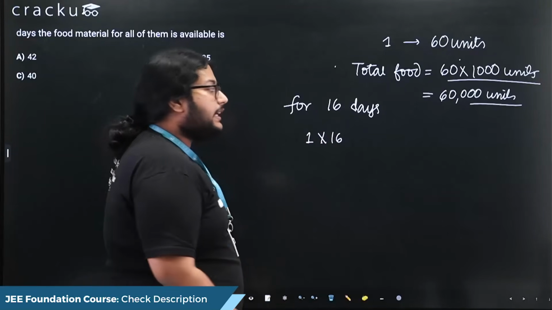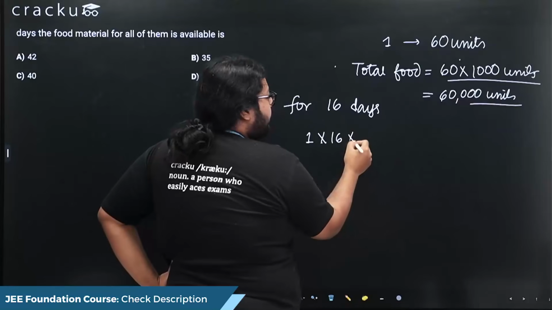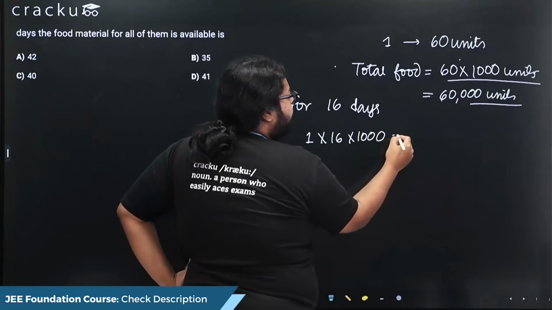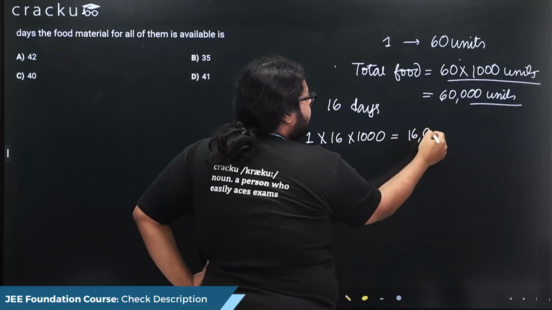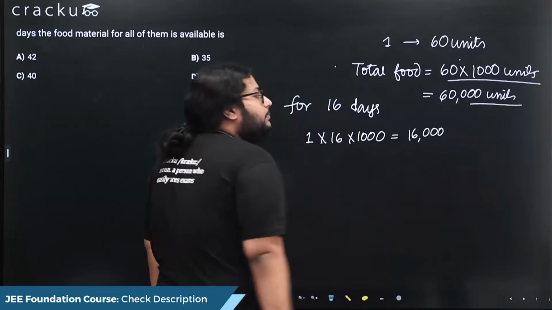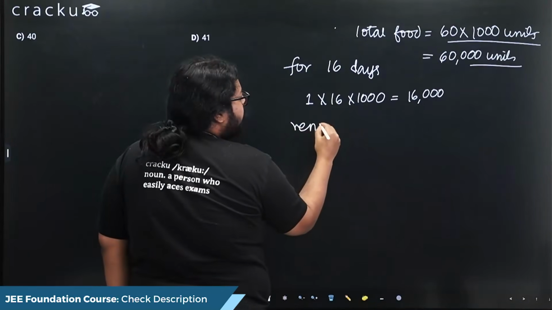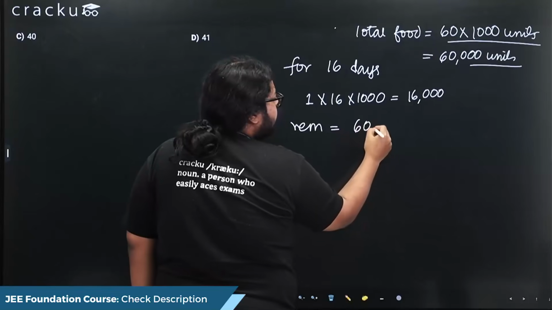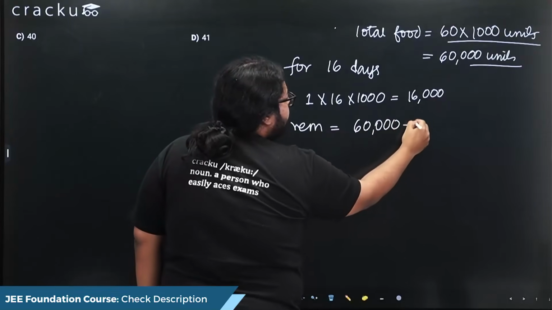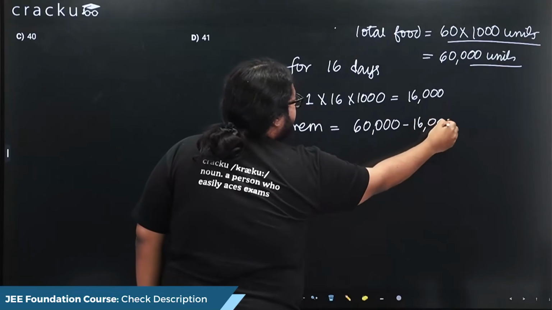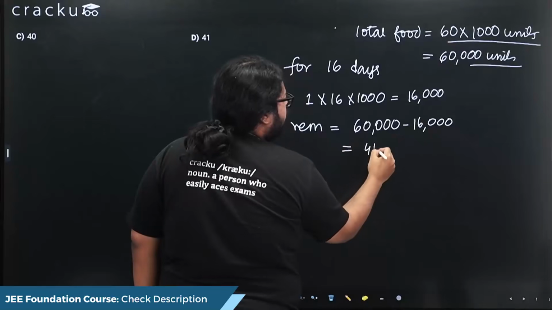And there were 1,000 people in total. So in the first 16 days, a total of 16,000 units was spent. How much food was remaining? The remaining food is 60,000 minus 16,000, which is 44,000.